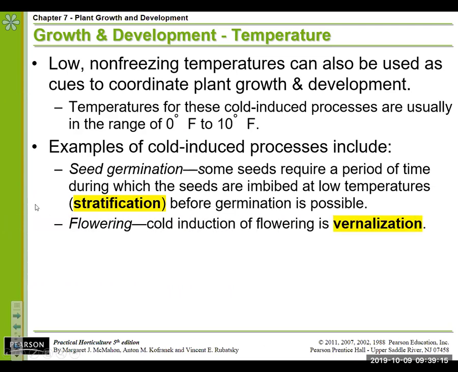In some cases, cold induction can lead to flowering of plants. We refer to that as vernalization, and that's mostly for biennial plants. So things like beets or carrots, they need that cold period in order for them to actually put that energy into the root.